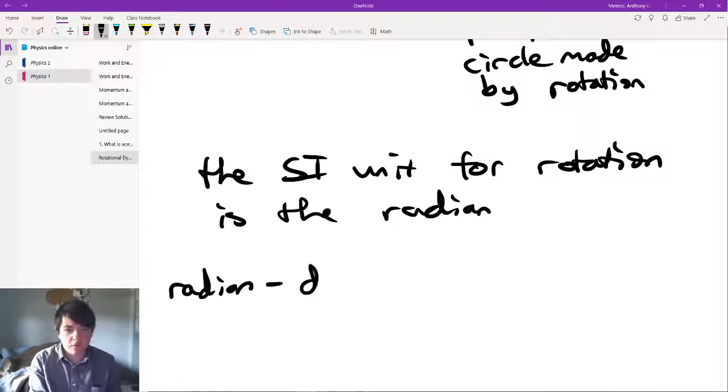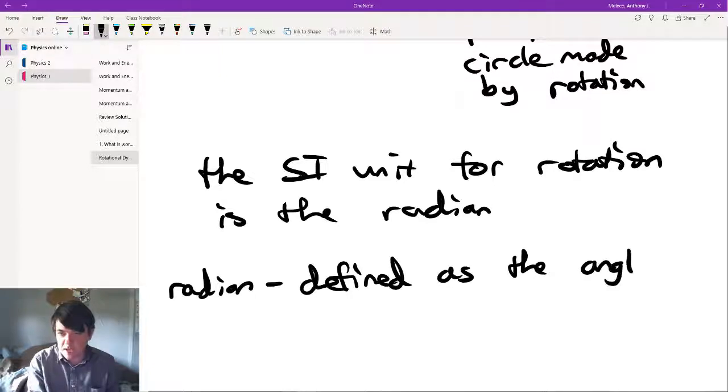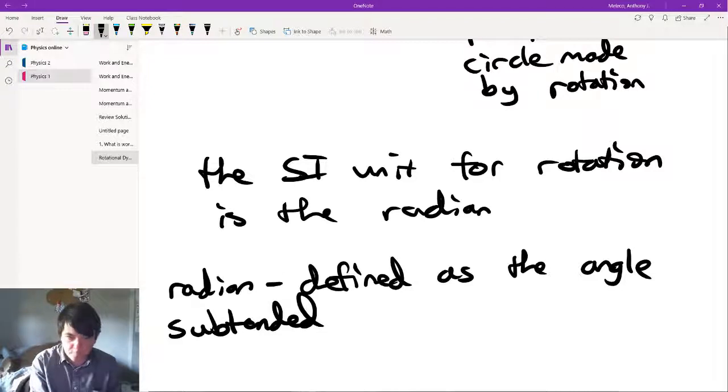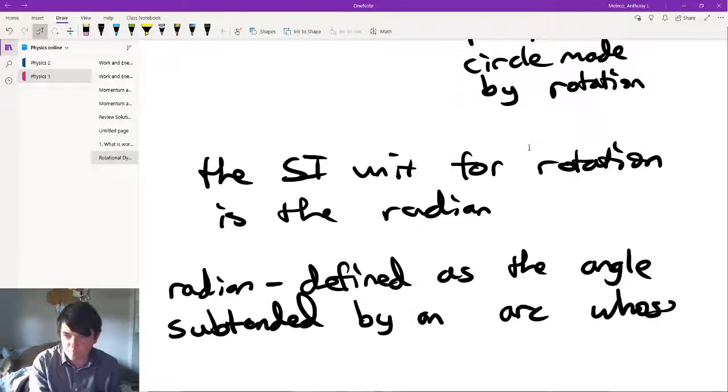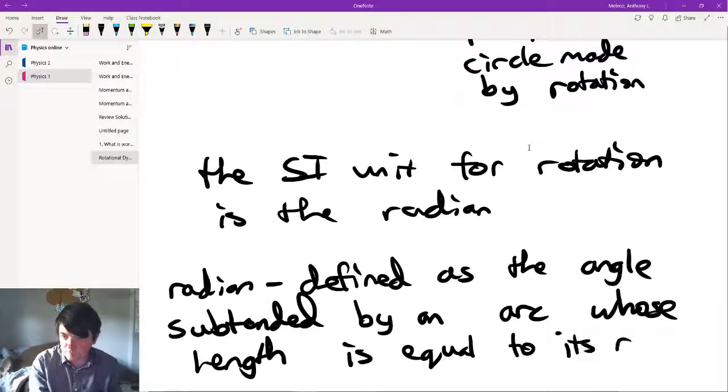A radian is defined as the angle subtended by an arc whose length is equal to its radius.